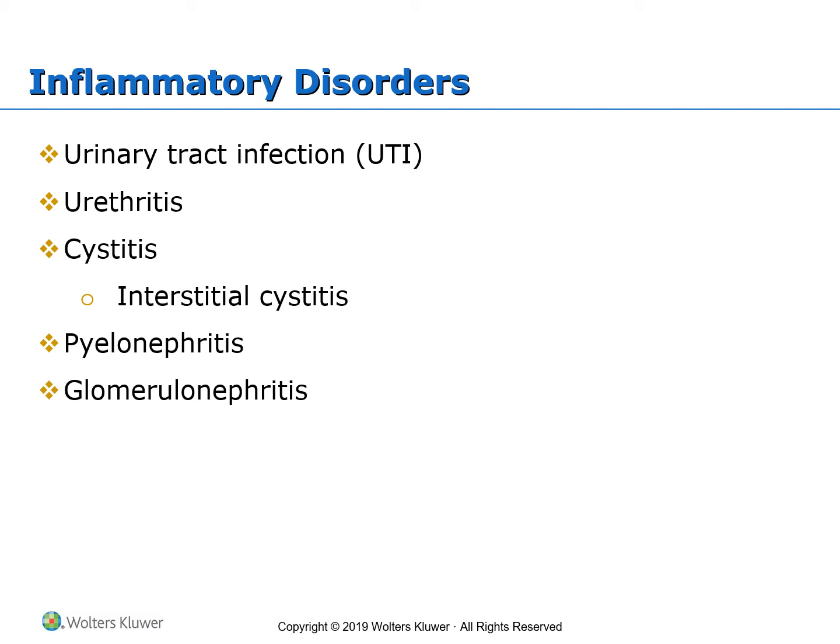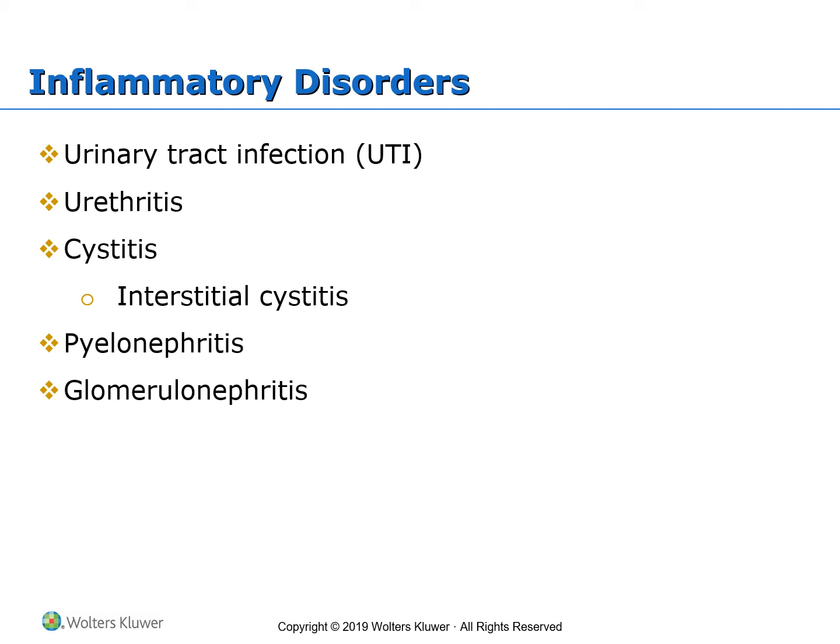Pyelonephritis. Some bladder infections that are not correctly treated, or not treated at all, or not treated in time may ascend, may move upwards through the ureters to the level of the kidneys. As a result, when there is an infection of the renal pelvis and/or kidney tissue, that will result in what is called acute pyelonephritis.